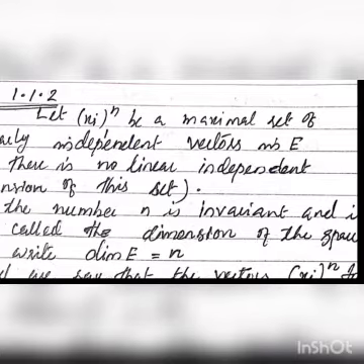Okay, now we have considered such a case here. That is, there is no linearly independent extension of this set. Then the number n is invariant and it is called the dimension of the space E. We have studied in linear algebra that if a space is of dimension n, the maximum number of independent elements you can take is n.